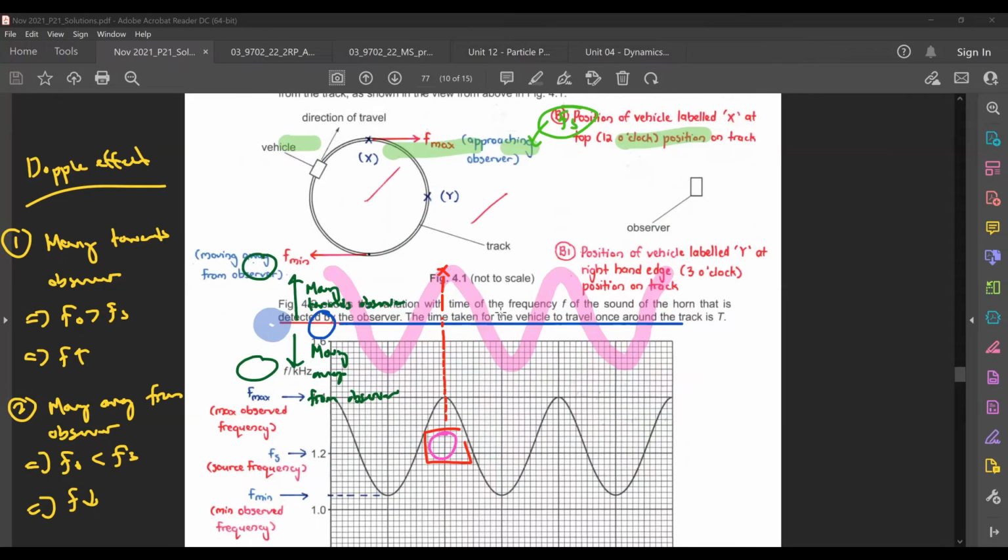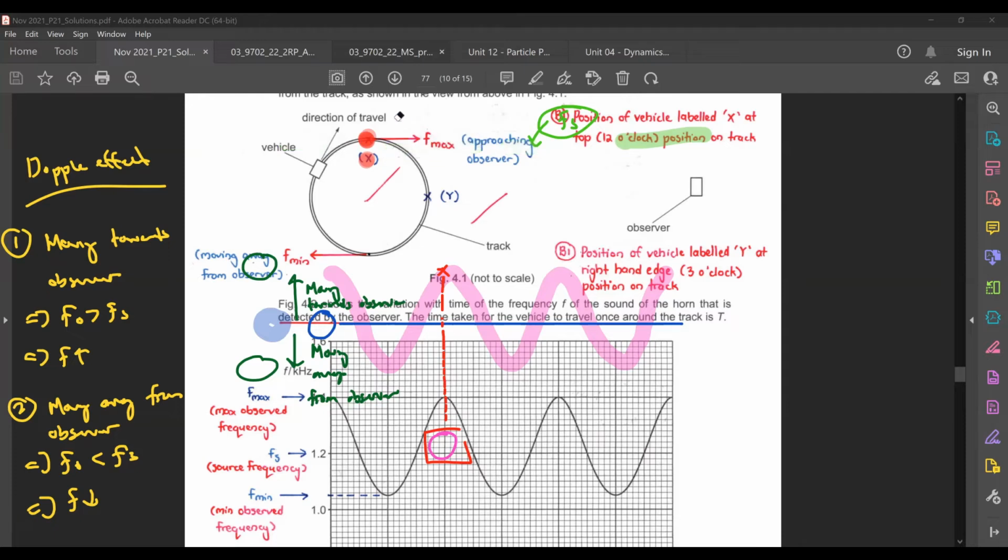So in your case, it should actually be over here. Just draw an X. Just mark out this position and then label this X. And then you should be fine. This is where you are going to get your maximum frequency.